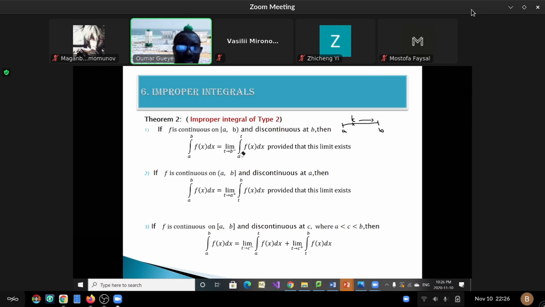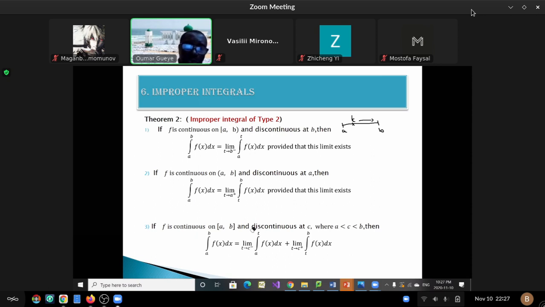You remove the point where the discontinuity is, and replace it by the parameter T. This time you let T approach A from the right. From my picture here, when you let T approach A, T is coming from the right. That's why we have to take the right-hand limit.